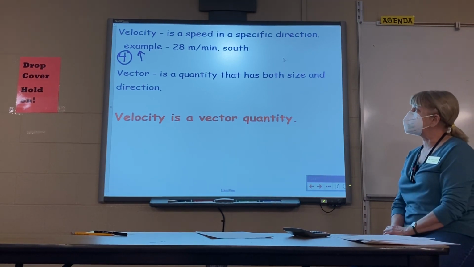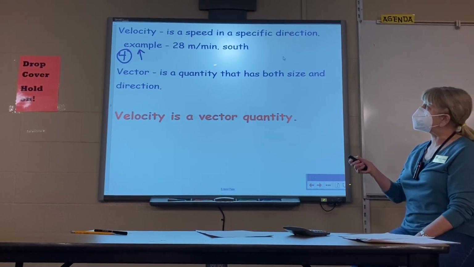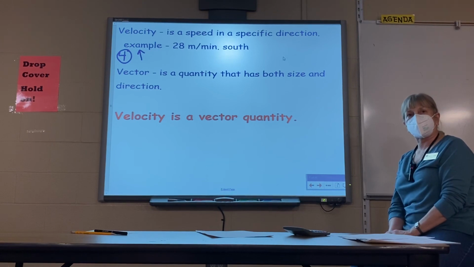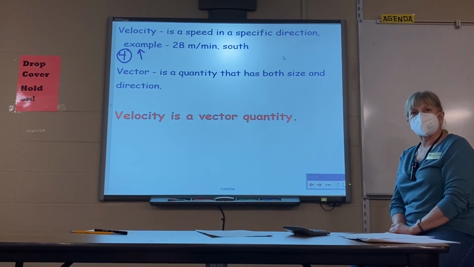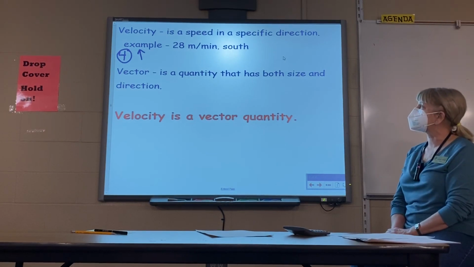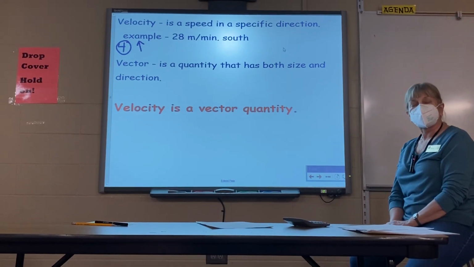And technically, if you're solving for velocity, you should give the speed as well as the direction. That doesn't always happen in some of these 8th grade textbooks that we've used in the past, but that's the way it's supposed to be. And that is the end of lesson 1.